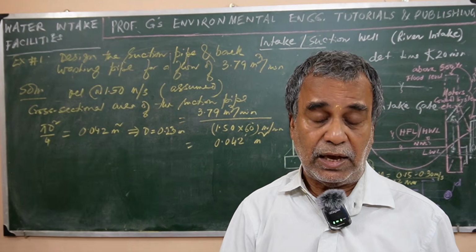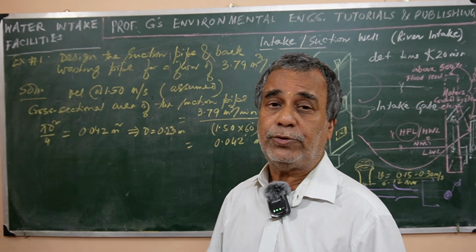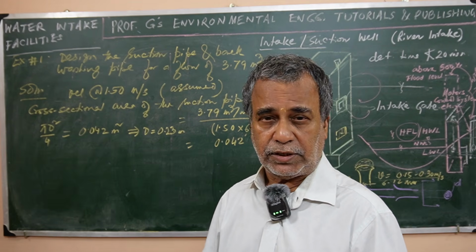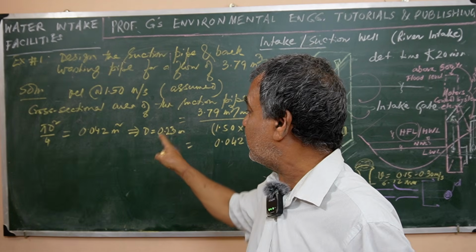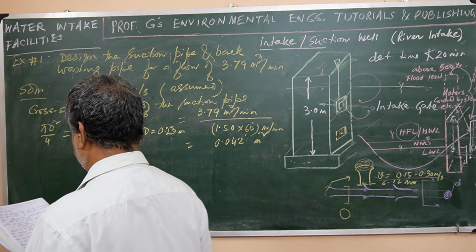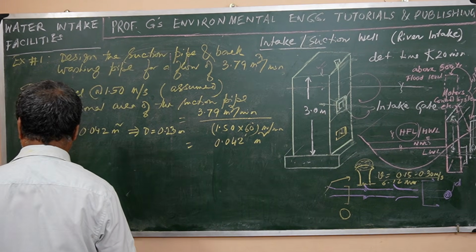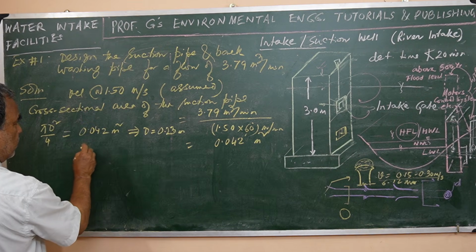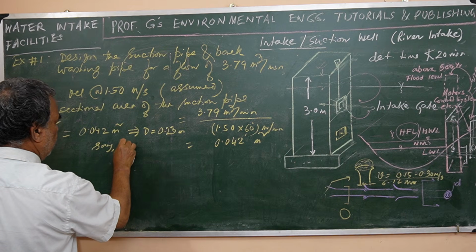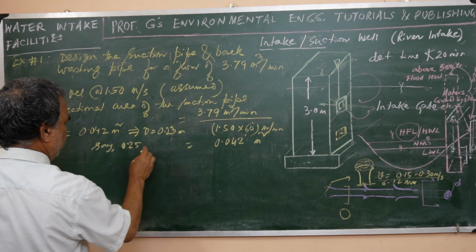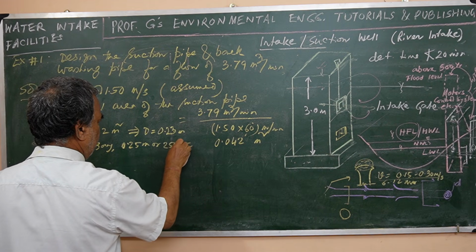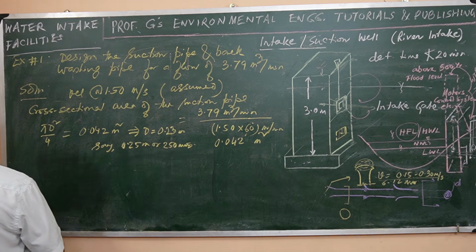You have to go through the commercially available pipe sizes and talk to the manufacturers or suppliers, and then take the next higher size which will be available from them. That way we have selected, say, 0.25, this is available in the market, or 250 millimeter. Okay.